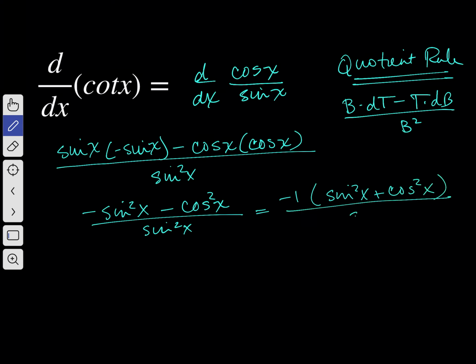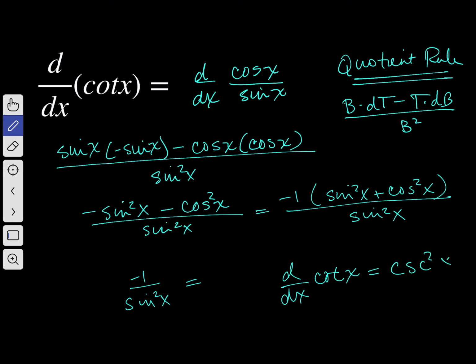Now the numerator is negative 1 times 1 over sine squared x. So we have negative 1 over sine squared x, and that is cosecant squared x. So I'm going to say the derivative d dx of cotangent x is equal to, what is that, cosecant squared x? Negative, almost dropped the negative. Don't drop the negative.